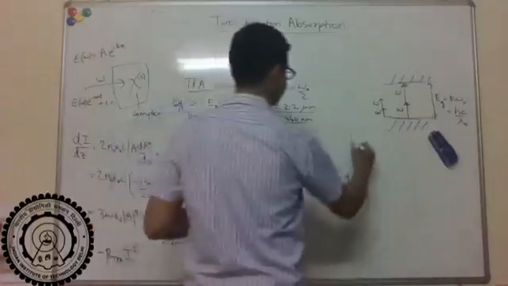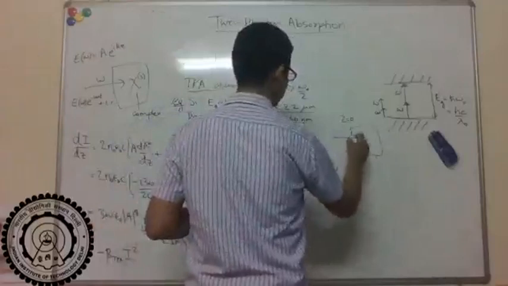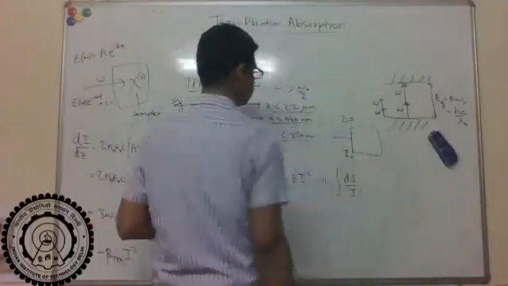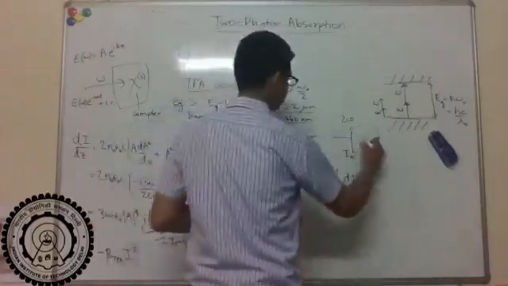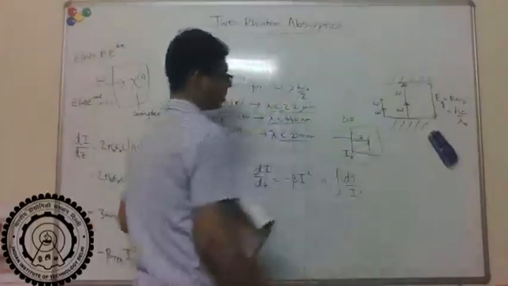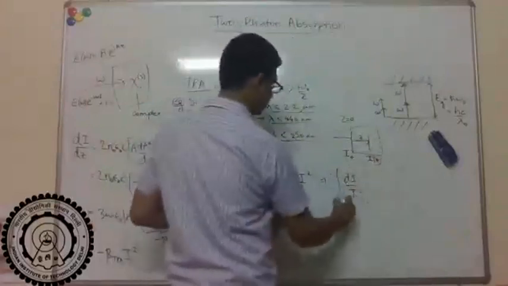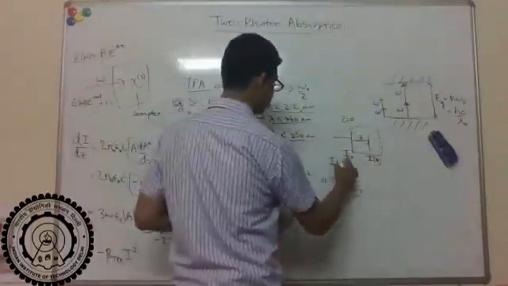So let's say I have some material here. This is z equal to 0, and the intensity at the input is I naught. And then I want to see after propagating a distance z, what is the intensity I of z. So I integrate from 0 to z.